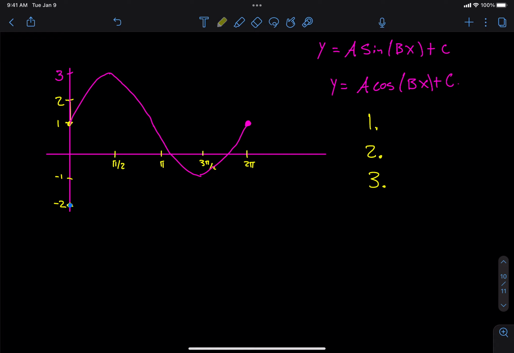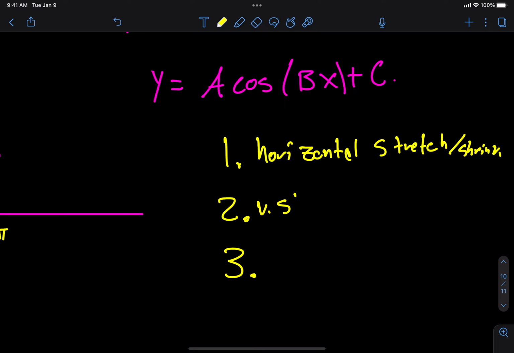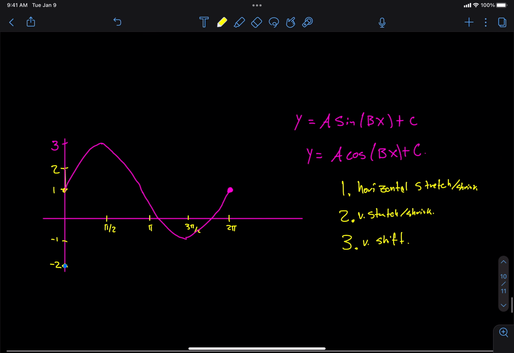Movement of the horizontal. We have a horizontal what? Shift. Stretch or shrink. And we have a vertical stretch or shrink. And we have a vertical shift. Okay?